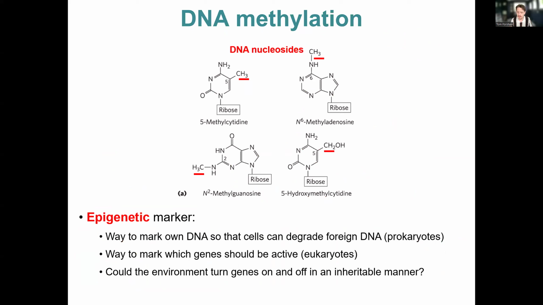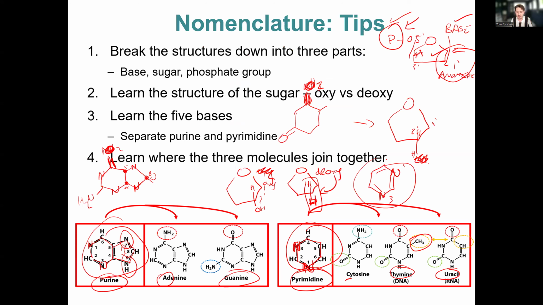So one thing that I did want to briefly mention is how these get modified as well. You notice that, for instance, this is cytosine, and cytosine is not supposed to... If we go back to, here we go.